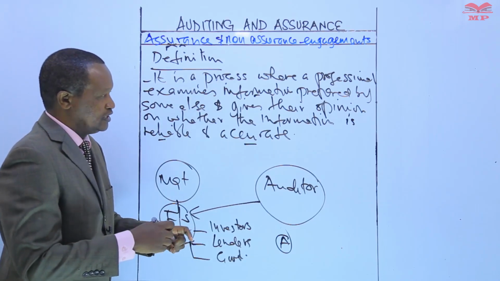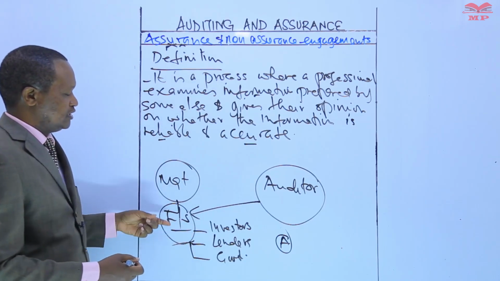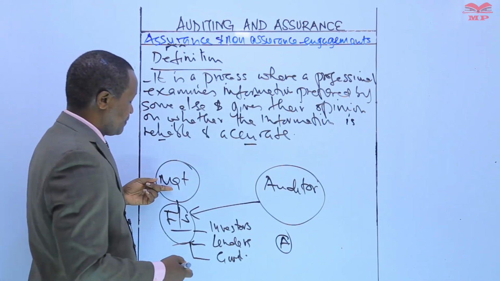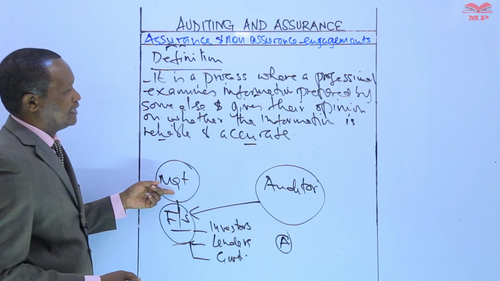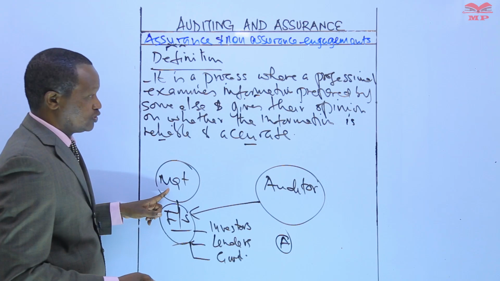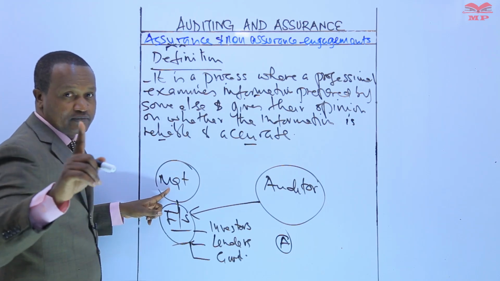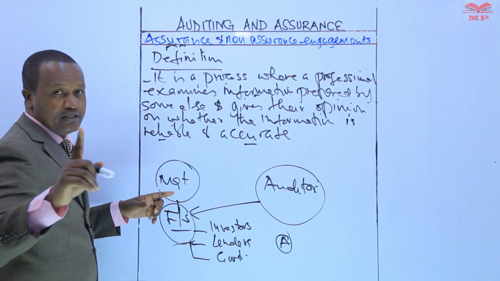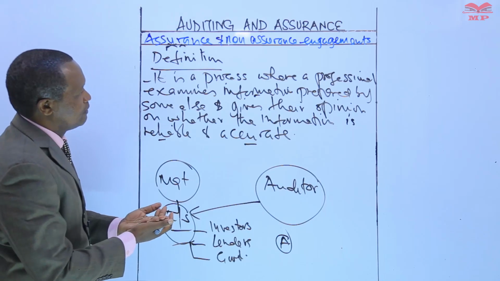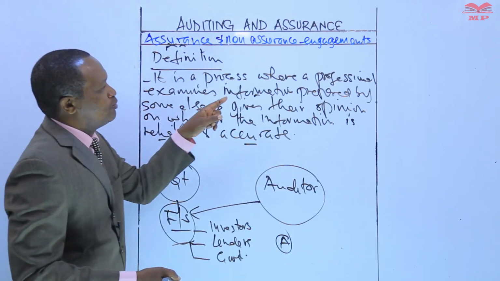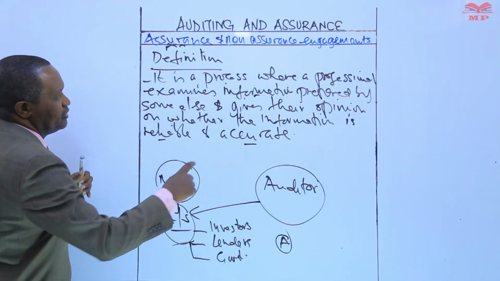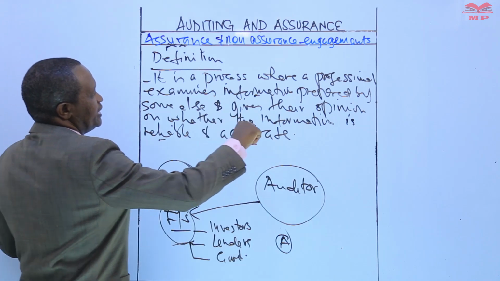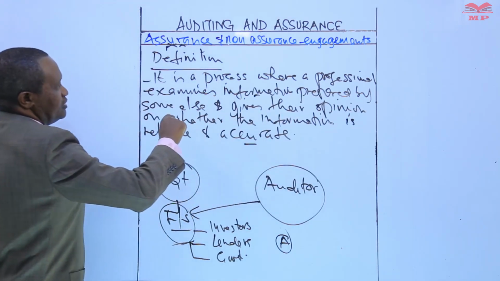Because if this information is not audited, the information can be manipulated by the originators, because we've said that this information must be prepared by someone else, must be examined by someone else.